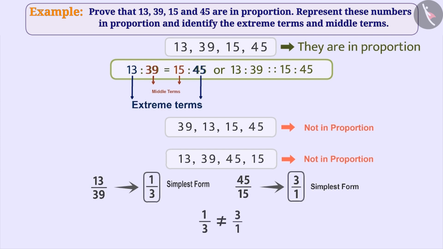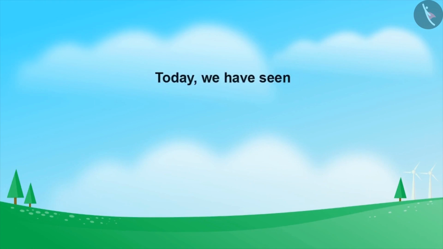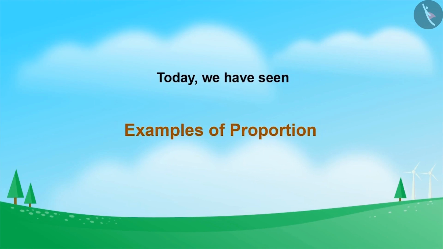Therefore, we can say that if the order of the terms is changed, it is not necessary that they are in proportion. In the same way, find some examples in your surrounding situations and check whether they are in proportion or not. Today, we have seen examples of proportion. In the next video, we will clear some misconceptions related to it.